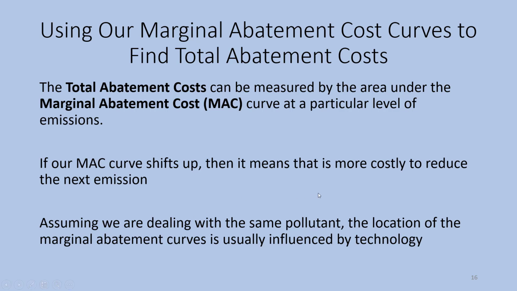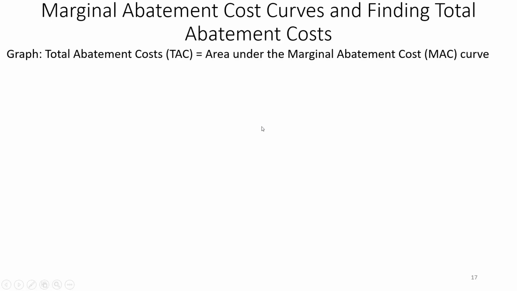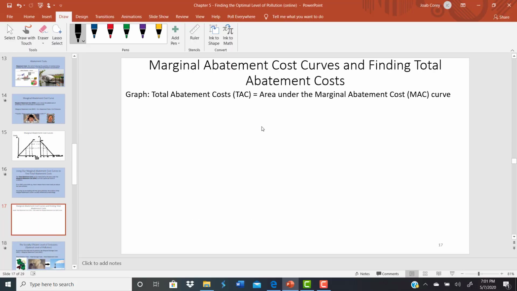Let's go ahead and graph out what this marginal abatement cost curve looks like and how that tells us what our total costs are. So we'll draw a graph similar to the one that we drew earlier. Again, we are looking at costs measured in dollars on the vertical axis and emissions on the horizontal axis.